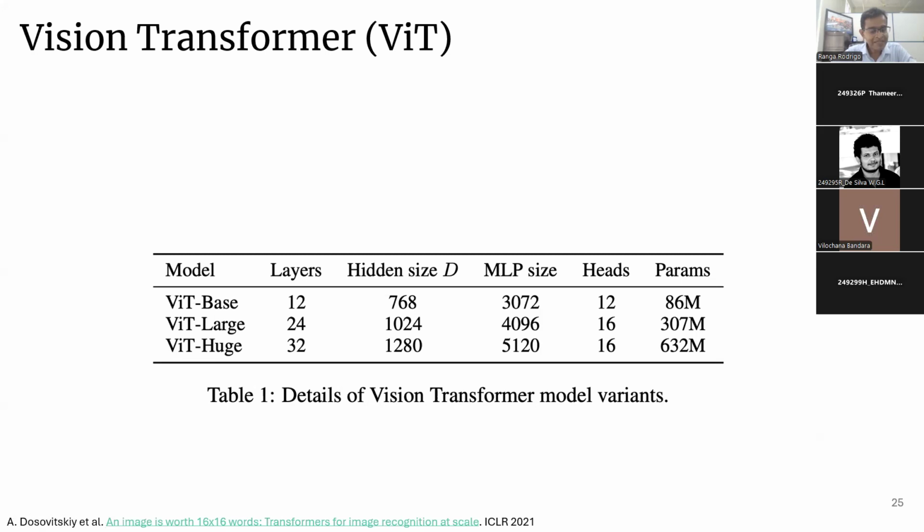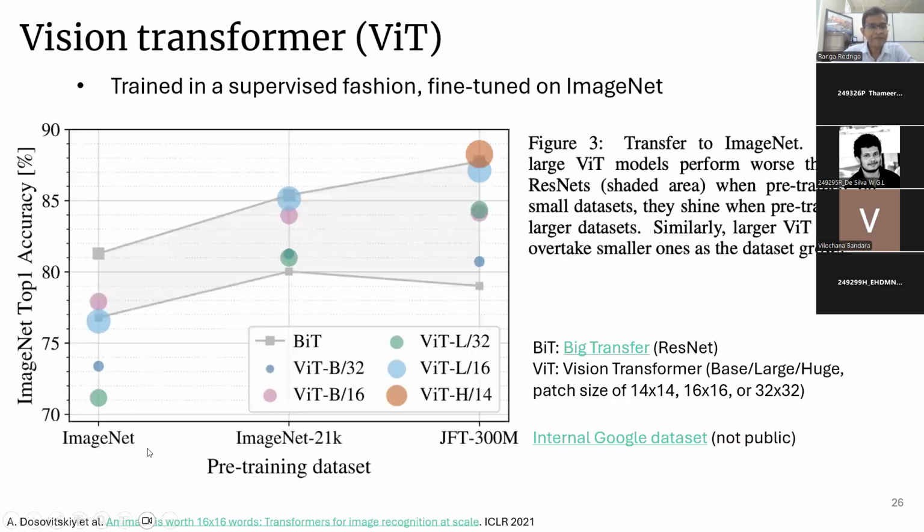So this is an ICLR paper by Dosovitskiy, the ViT. The ViT trained in supervised fashion and fine-tuned on ImageNet. So you can see the transfer to ImageNet, while large ViT models perform worse than ResNets when pre-trained on small datasets, they shine when pre-trained on large datasets.